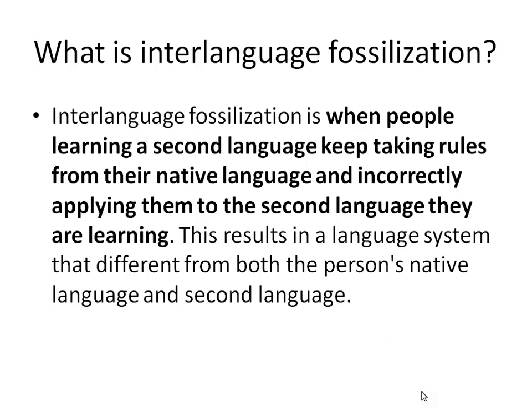And in case of language transfer, the native language is both beneficial and a barrier in second language learning. Here we see that if first language becomes helpful, that would be positive transfer. If first language becomes a barrier, it would be negative transfer. And in case of fossilization, the language learner at one stage will stop learning the second language, and that stage is called fossilization.